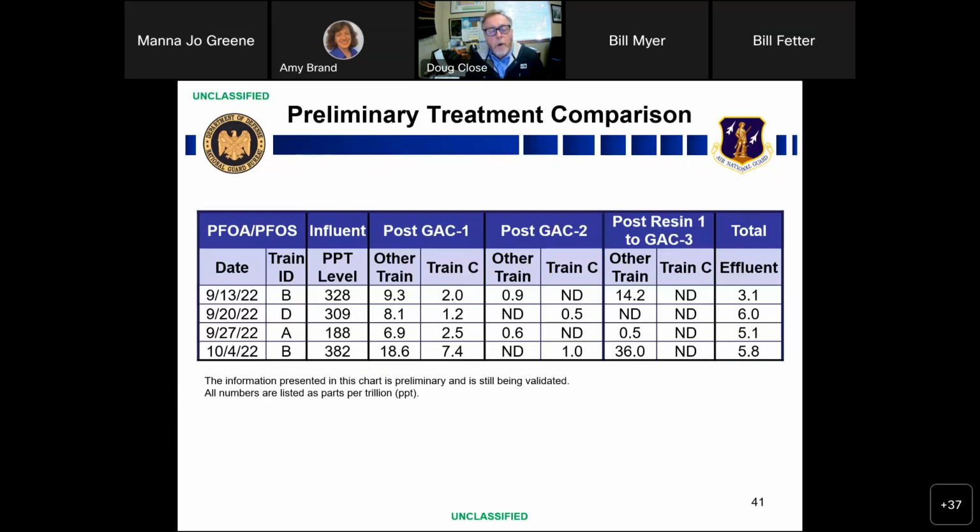We've continued to watch that through October, and we'll talk a little bit about what our actions were. But I can mention that the effluent is listed there on the far right side. So the takeaway on this shot was for us to show you that the GAC in the third vessel is doing a great job of removing PFOA and PFOS as it runs through the system.